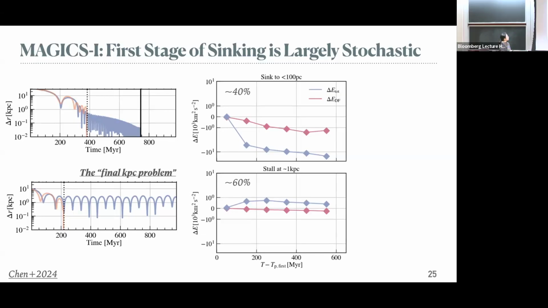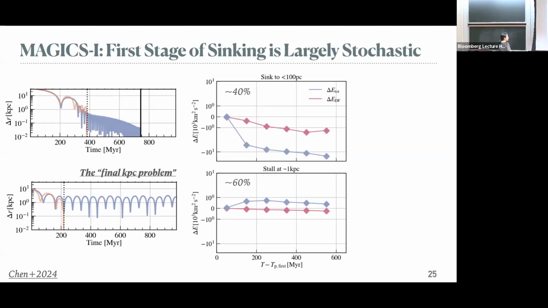So here I show the energy loss from the large scale gravity compared to the local dynamical friction, and in this case too. So you can see that for the systems that sink to the center more efficiently, there's this initial very rapid loss of energy in the first and second orbit of the galaxy merger.